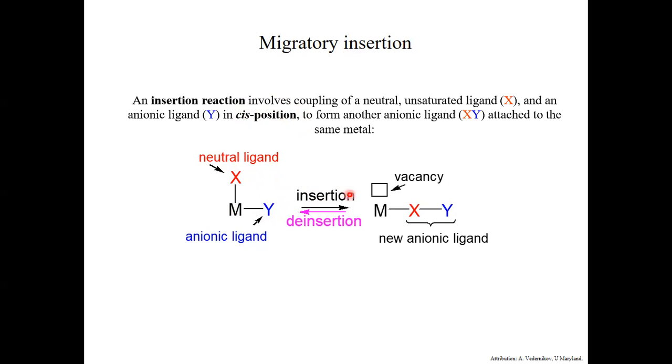And as the insertion happens, the neutral ligand moves in between the metal-anionic ligand bond, and that produces a new anionic ligand and a vacancy. So this reaction is typically an equilibrium reaction, so you actually need special tricks to drive the reaction far to the right side.